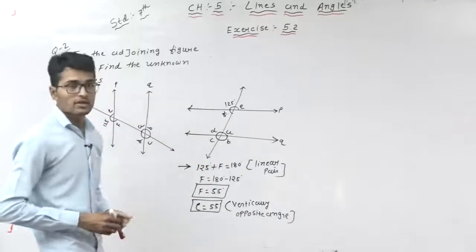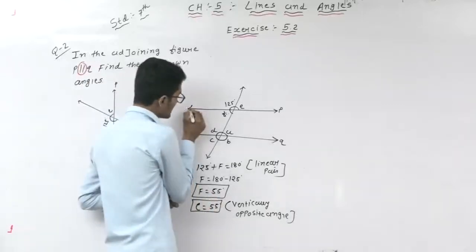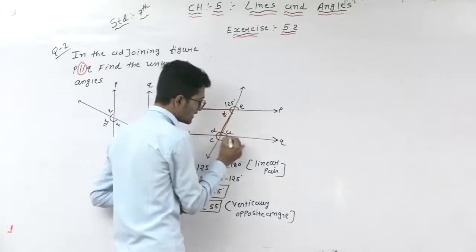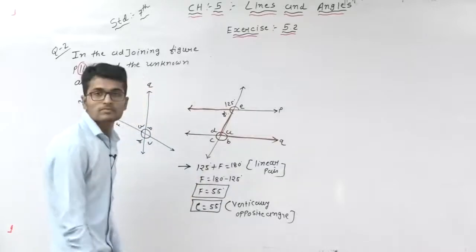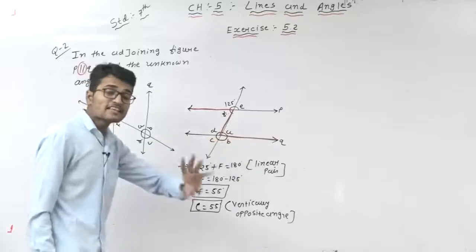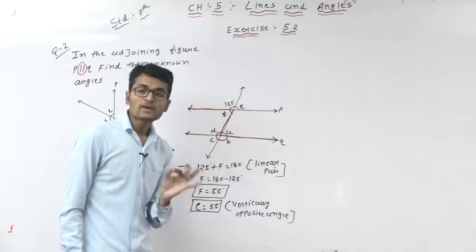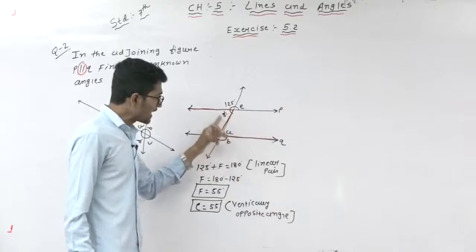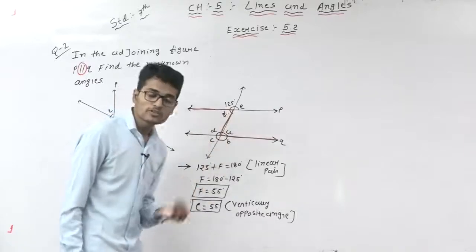Then how to find them? Dear students, see here. Suppose we start here, then go here, and then to this side. Make one symbol, and this symbol is a Z sign. A Z sign means alternate angles, a pair of alternate angles. This Z sign includes F and A. F value is given, so A value is also 55.